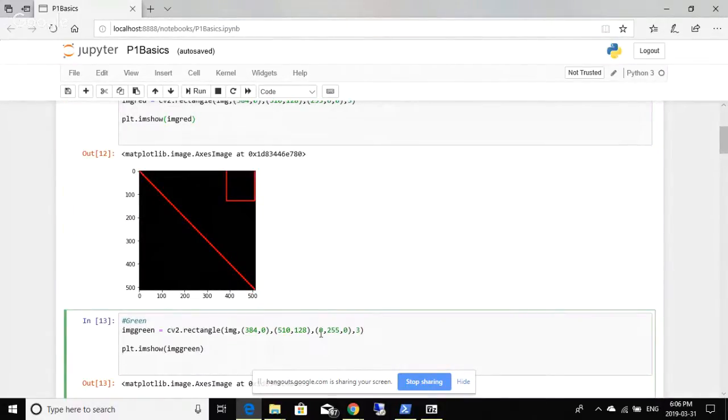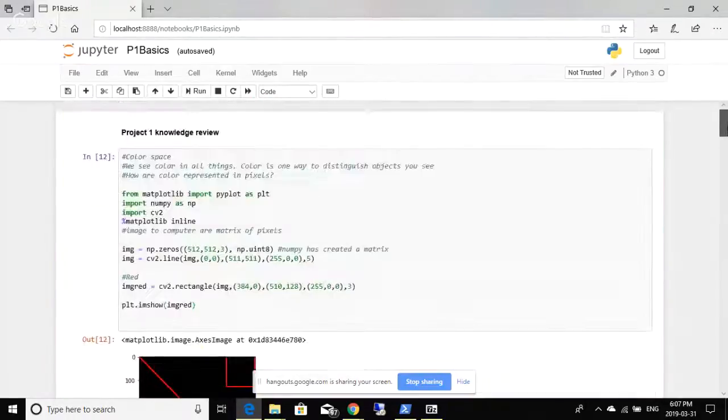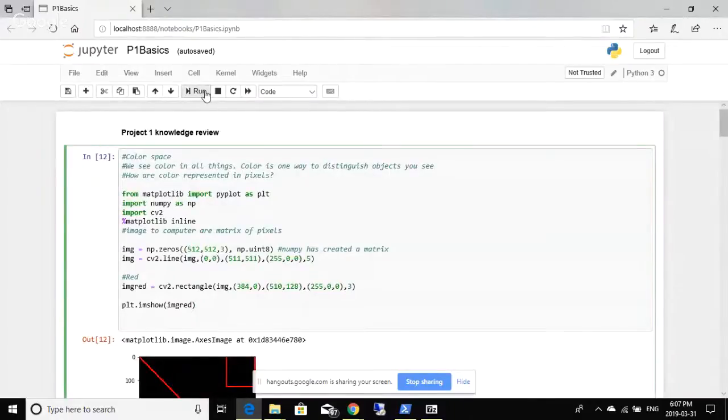For green, this is 255. So color goes from 0 to 255. 255 is the most you can get. So that's the most green. This is the most red, right? Just for fun, let's run it.